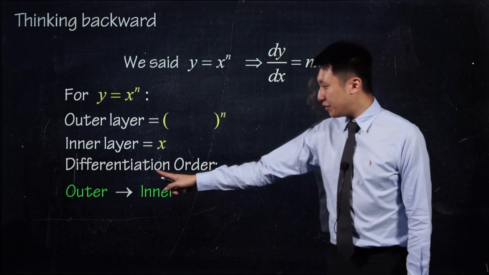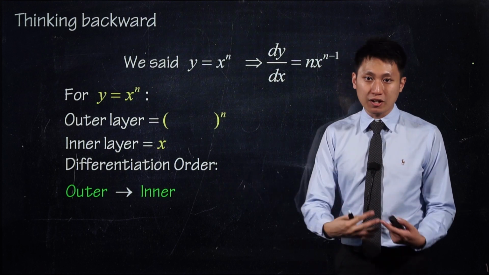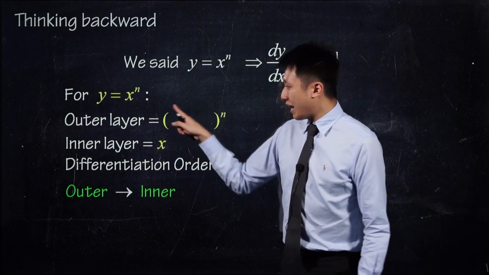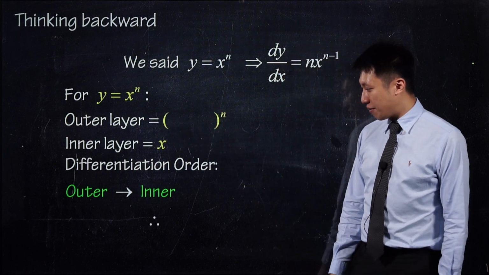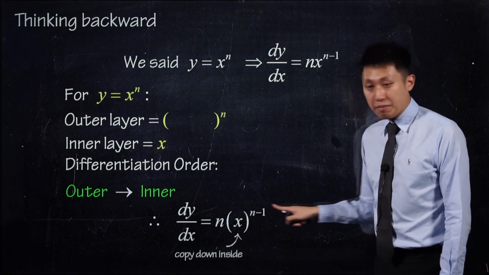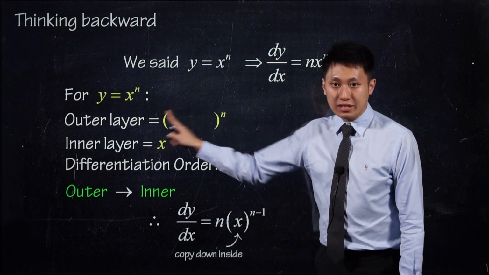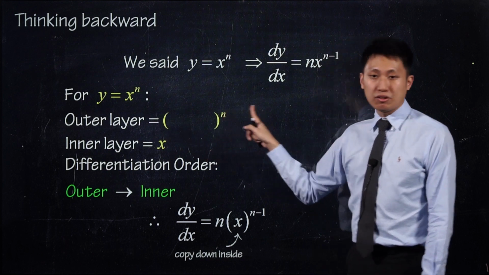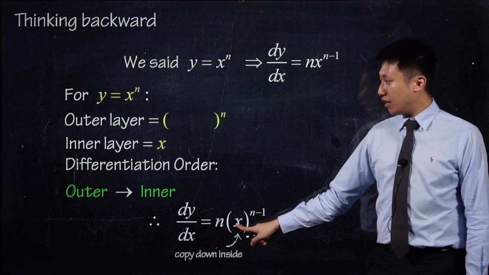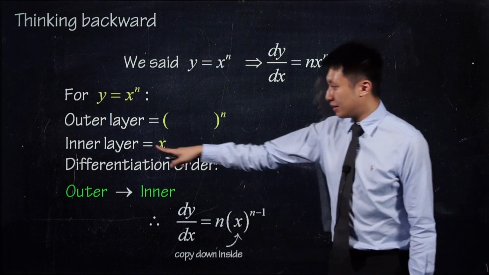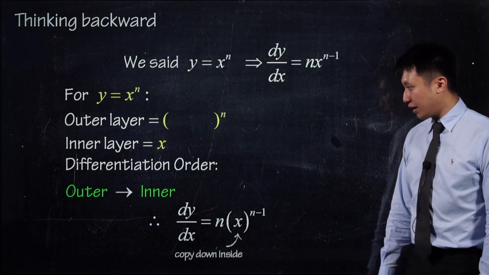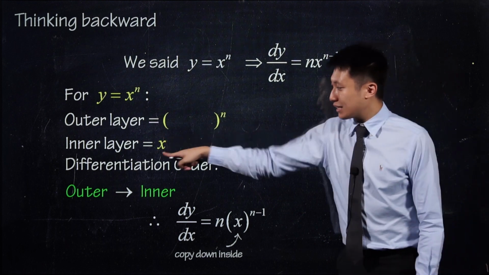The differentiation order means you differentiate outside first, then inside. Differentiating the outside gives you something to the power n minus 1, because the power comes down and then you subtract 1. Inside it still remains as x. Then I have to differentiate the inner layer as well. What is the differentiation of the inner layer? Differentiating x, I get 1.